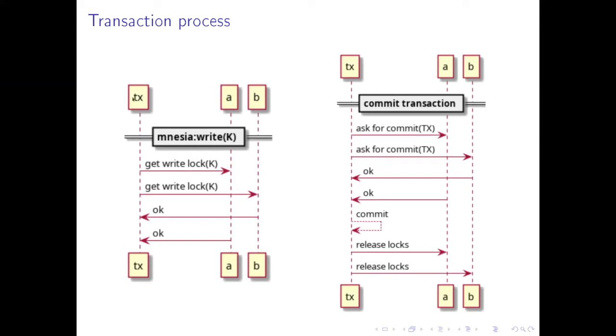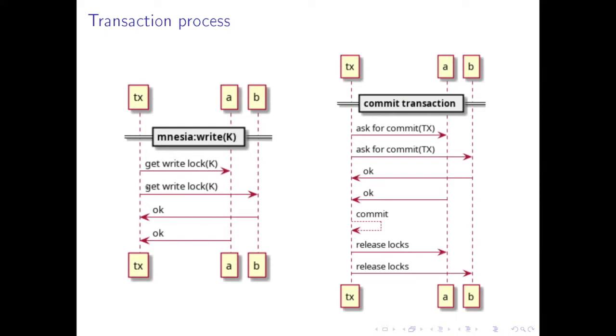So TX is a transaction process, and A and B are Erlang nodes that hold the replicas of a table. Suppose the transaction tries to write some data to the table on some key.